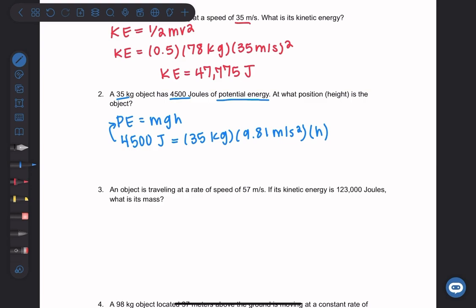So first we multiply these two numbers. 35 times 9.81, you get 343.35 times H. And now we want to isolate the H, so you divide both sides by 343.35.